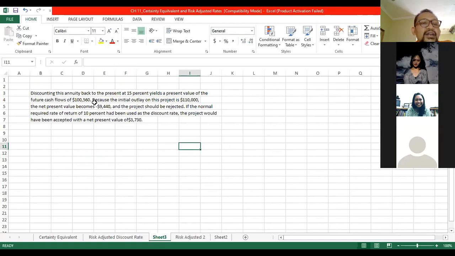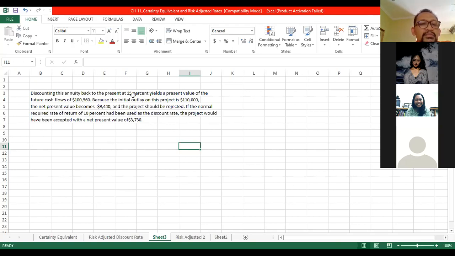If you use this 15% rate, then you need to reject the project. But if the normal required return of 10% is used as the discount rate, then the project will be accepted because the net present value is positive.